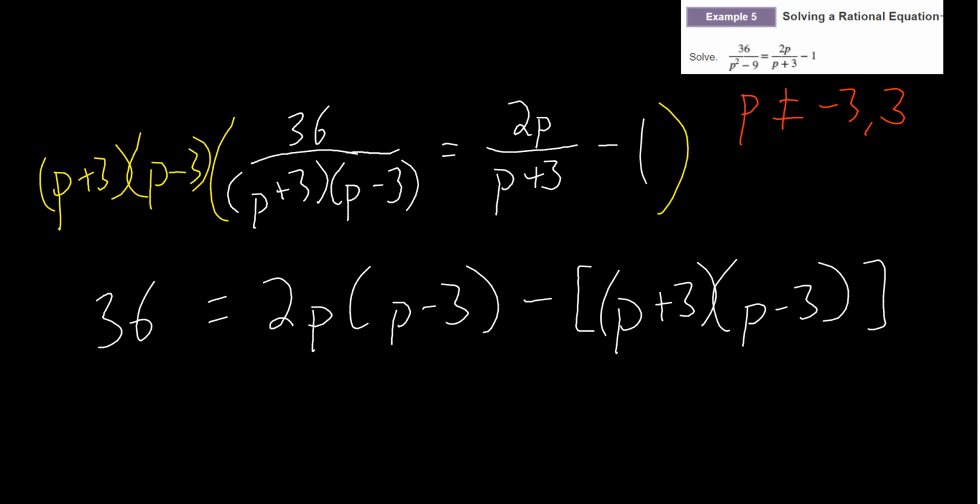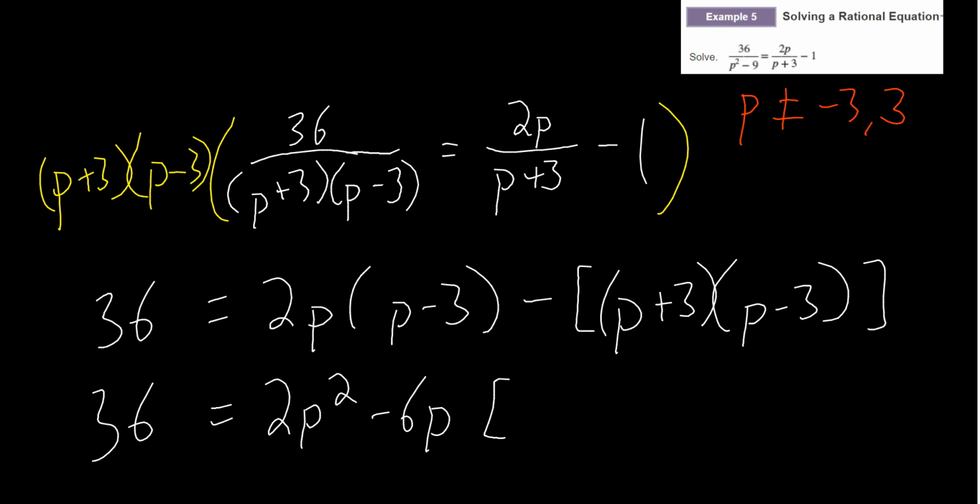Let's get rid of the parentheses. So we've got 36 is equal to 2p squared minus 6p. Then let's deal with the other side. p plus 3, p minus 3: we know what that is because we just did the opposite of it.